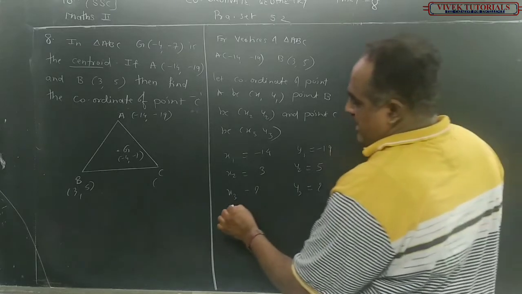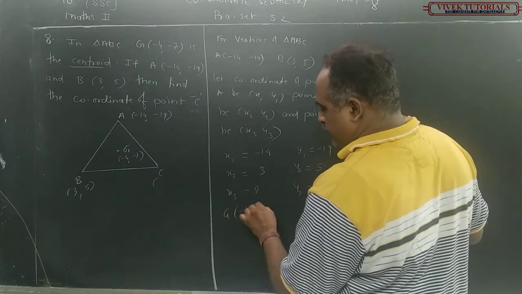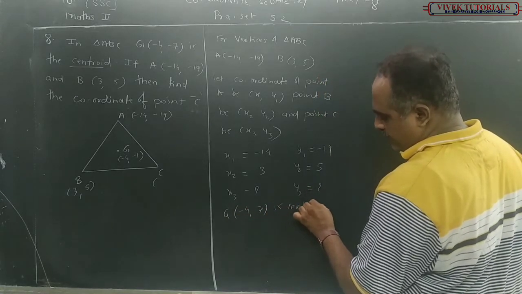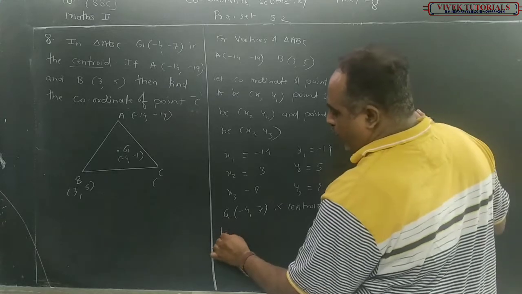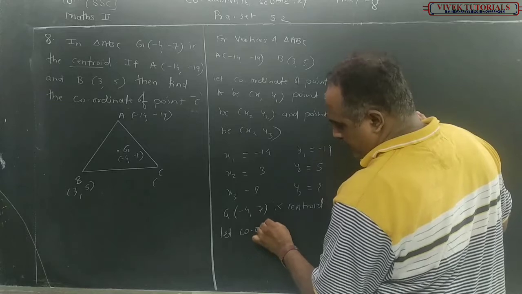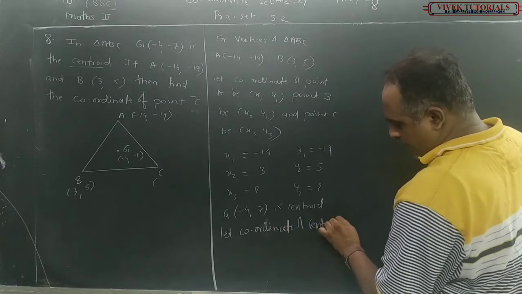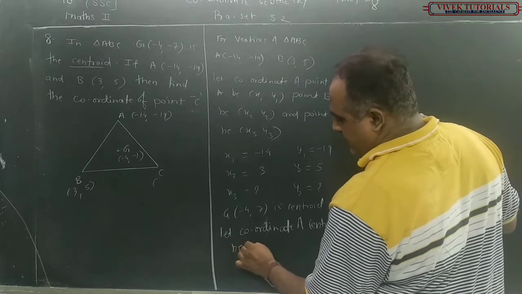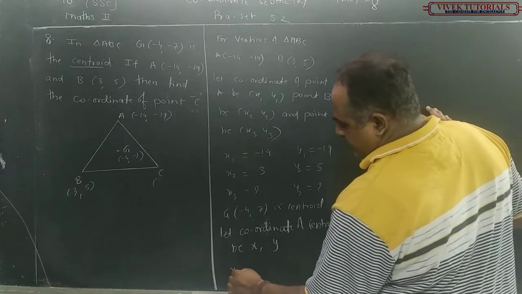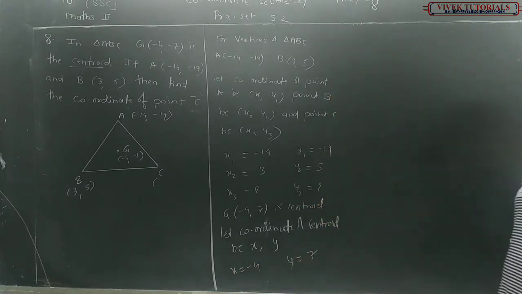Okay. G is actually minus 4, 7, the centroid. Let the coordinate of the centroid be x, y. x will be minus 4 and y is 7.